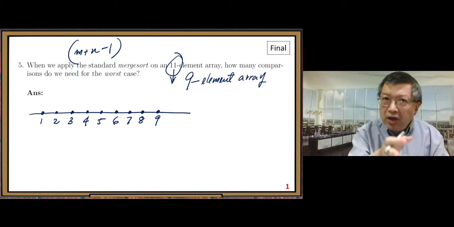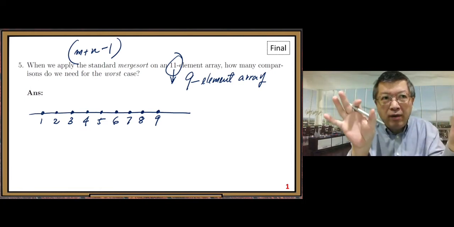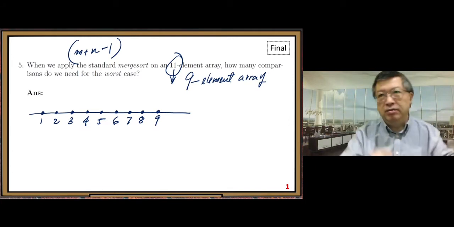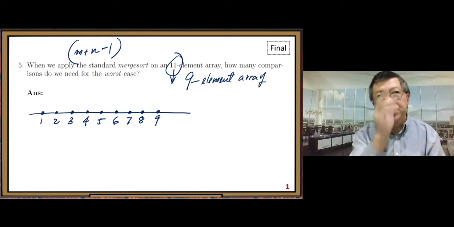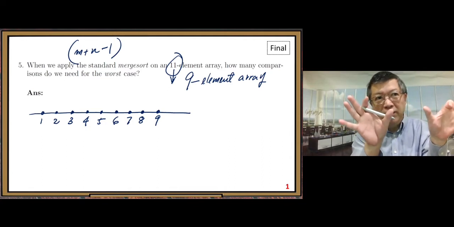When we do the split, we split into 2 subarrays with sizes as even as possible. The difference could be at most 1, either 0 or 1, based on an even or odd number of elements. If you have an odd number of elements, the difference of the 2 sizes is 1.